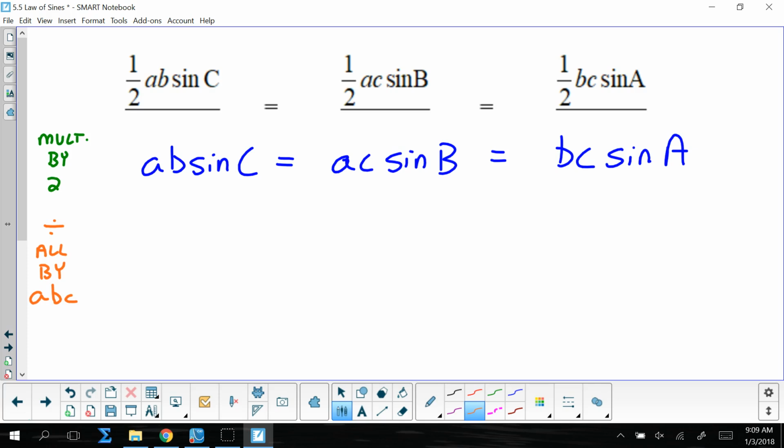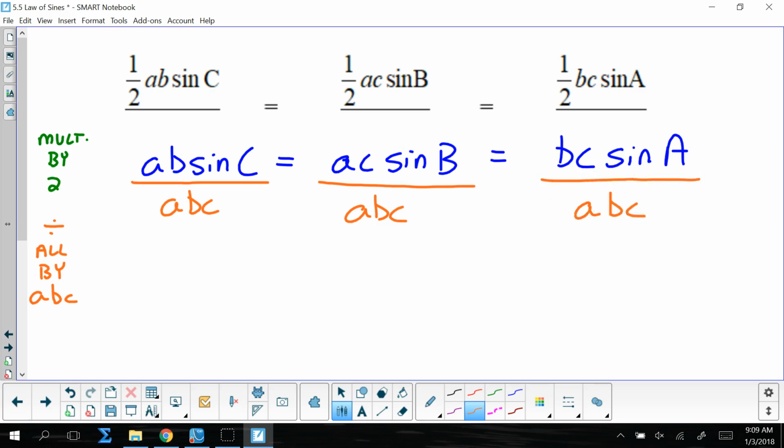So I'm going to divide this by ABC, divide this by ABC, and divide this by ABC.